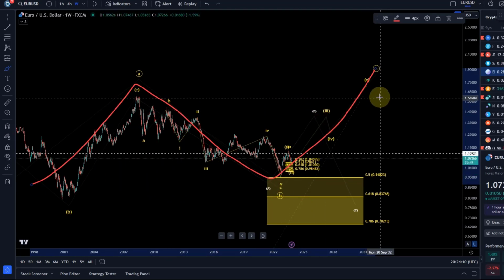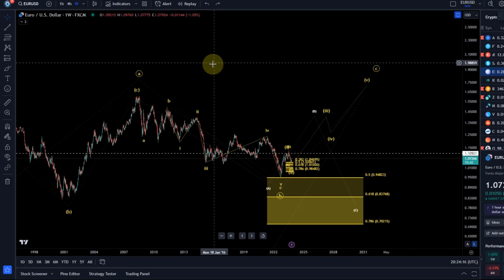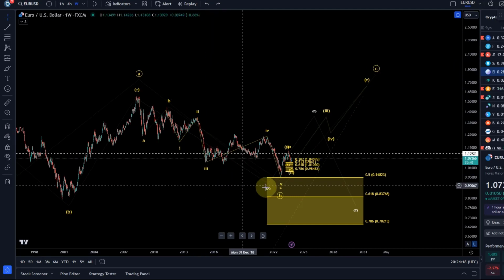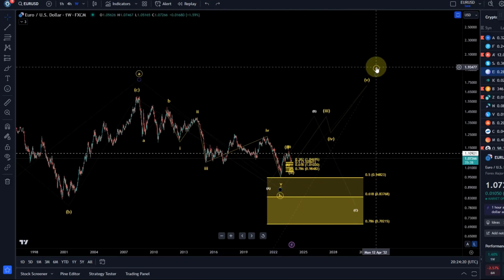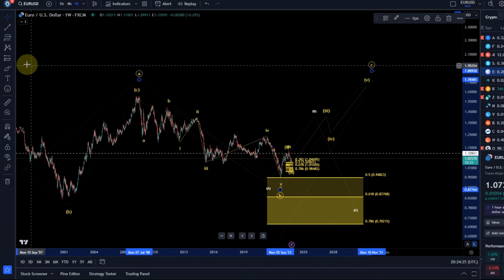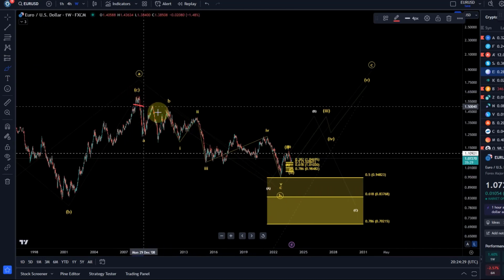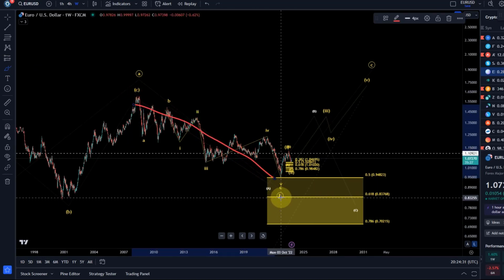We are going to zoom in a minute and take a look at the micro action. But there is also another possibility, which is basically the same scenario. However, it will delay the rally in wave C a little bit. In the white wave count, we see the potential that the move down was only an A wave of this larger B wave.